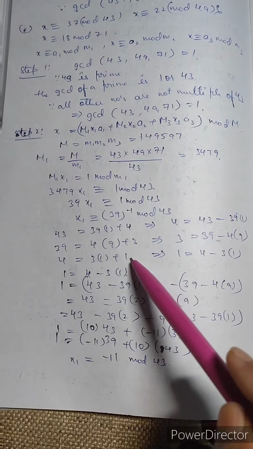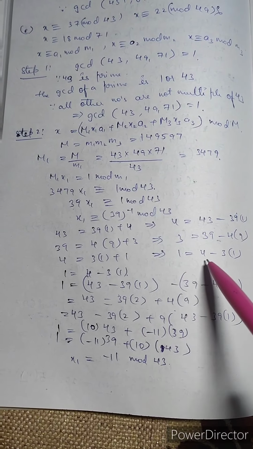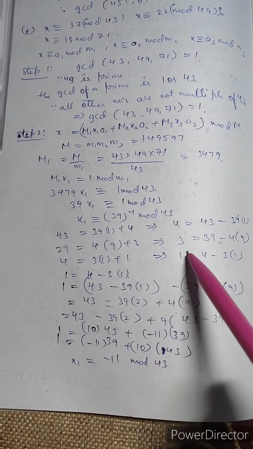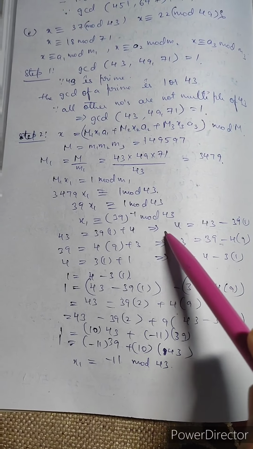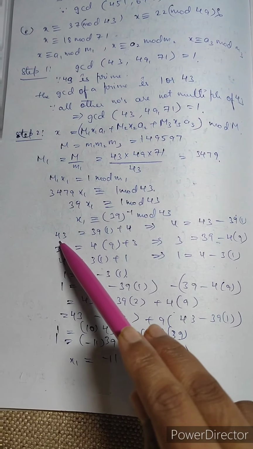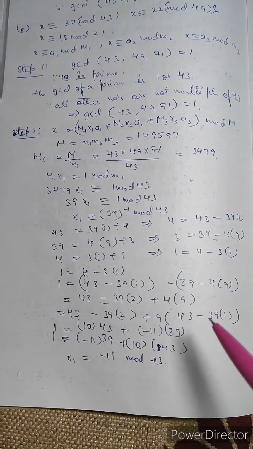So from here, going backwards, 1 is equal to 4 minus 3 into 1. That is 3 is equal to 39 minus 4 into 9. 4 is equal to 43 minus 39 into 1.